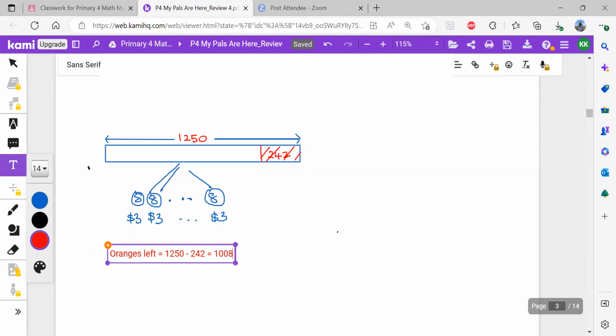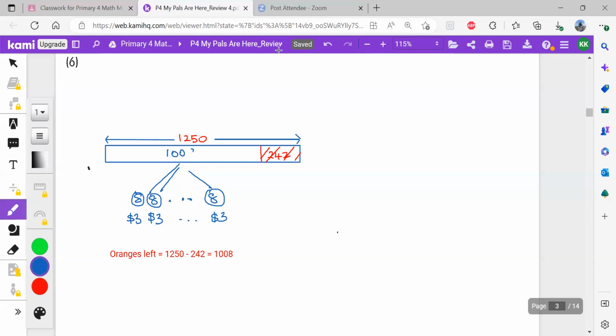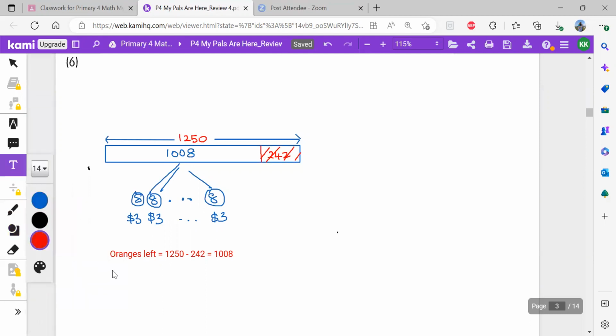So if I know the oranges left is 1008, and I put it equally into groups of 8, how many groups are there? To find how many groups of 8 are there, it's a division.